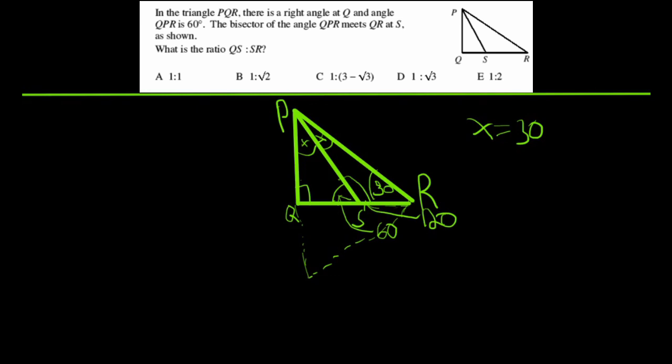And so that means that PR is equal to 2 times PQ.